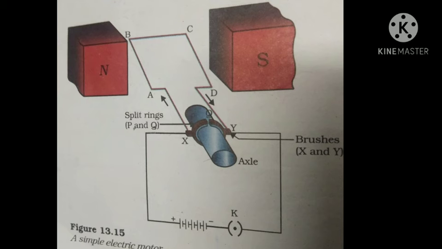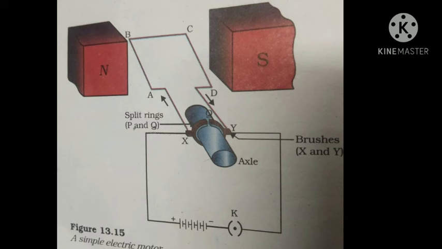On applying Fleming's left hand rule for the direction of force on a current carrying conductor in a magnetic field, we find that the force acting on arm AB pushes it downwards, while the force acting on arm CD pushes it upwards. Thus, the coil and the axle O, mounted free to turn about the axis, rotate anti-clockwise.